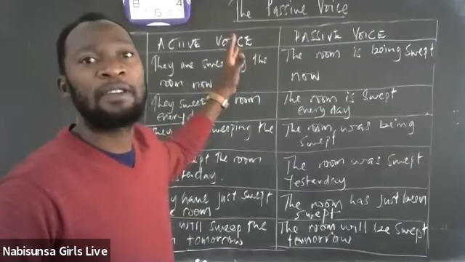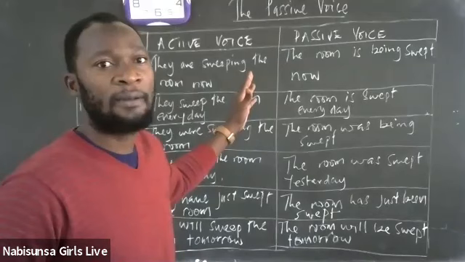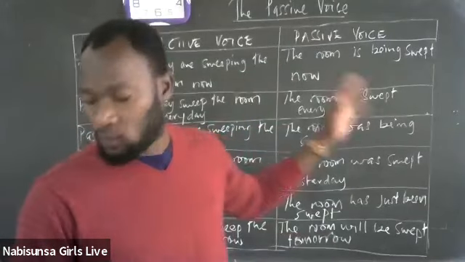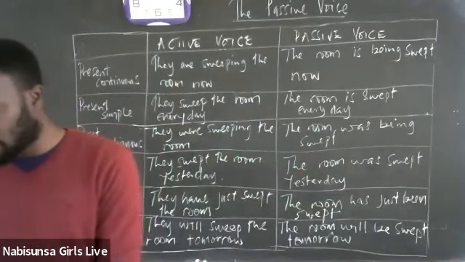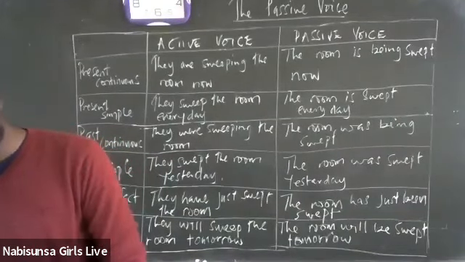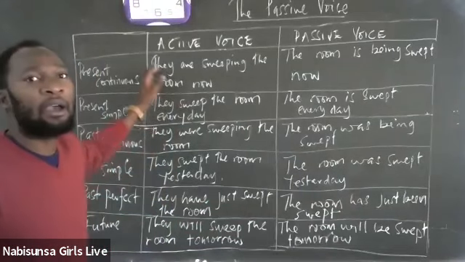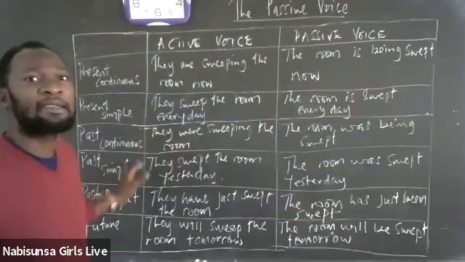How does the passive voice express itself in the English language? Or what is it that we call the passive voice? In the table that we have, you see here we have the category of the tenses.